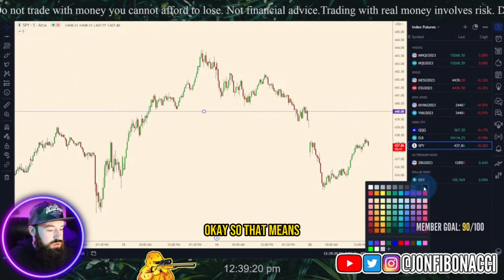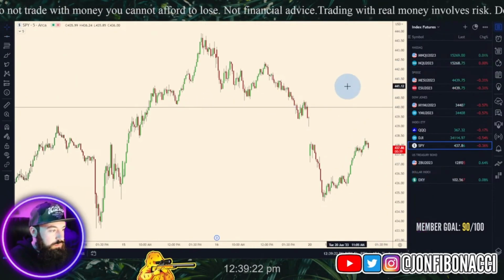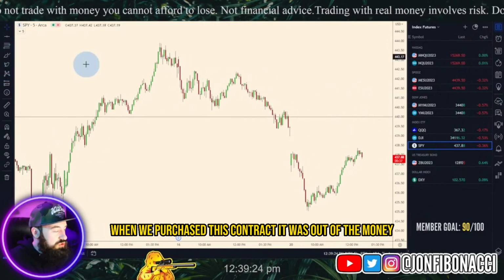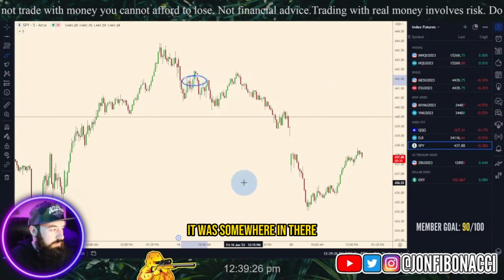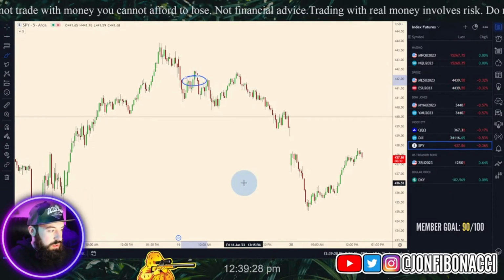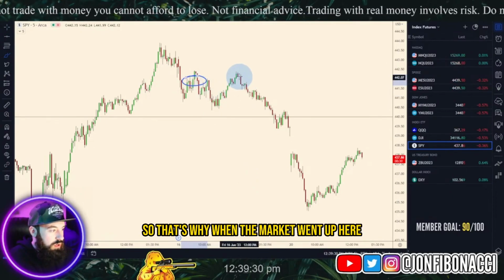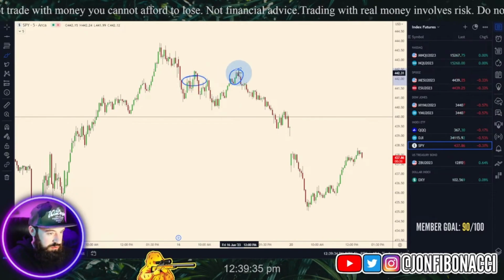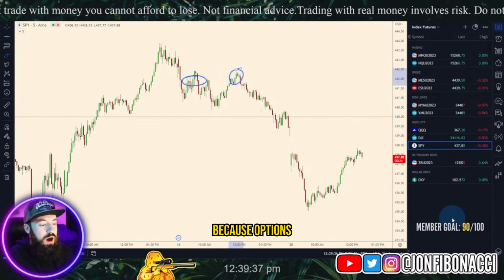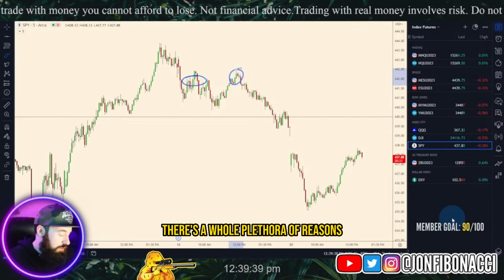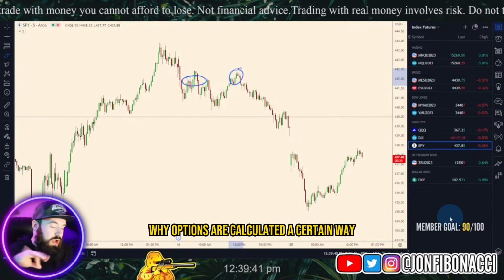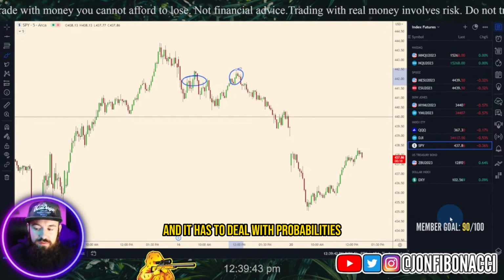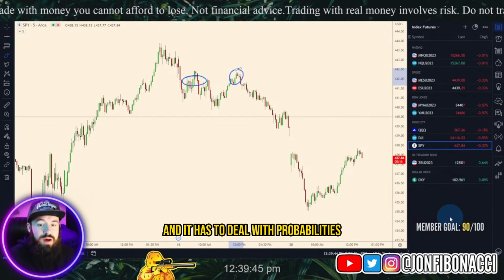That means when we purchased this contract, it was out of the money. That's why when the market went up here, it went from $100 down to $60, because there's a whole plethora of reasons why options are calculated a certain way, and it has to do with probabilities.